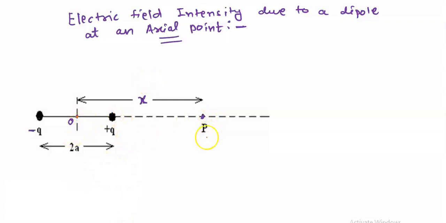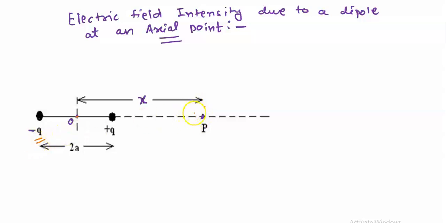Okay, now how will we proceed for this? So you know that here we have a minus q charge, and this minus q charge will exert a force on this charge at P. If we have to find electric field intensity, you know that you have to keep a unit positive charge here at P. What will happen?